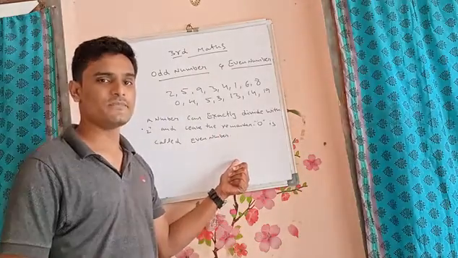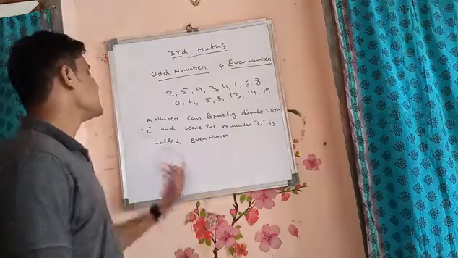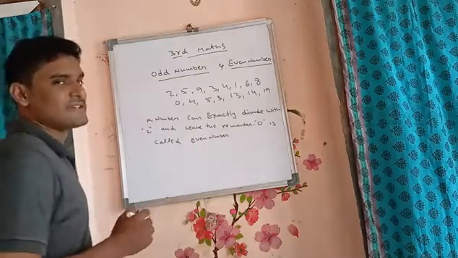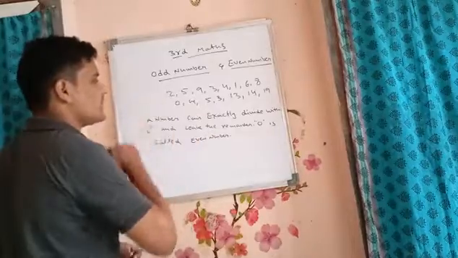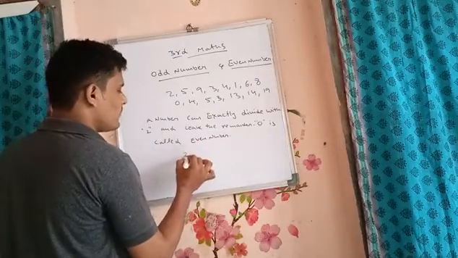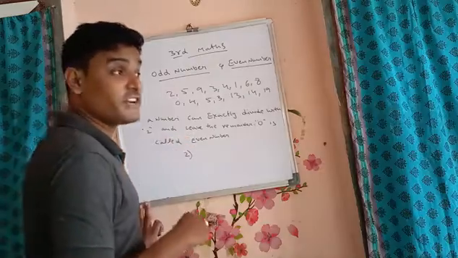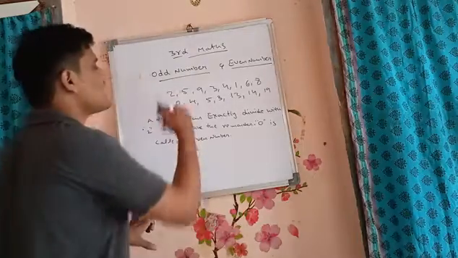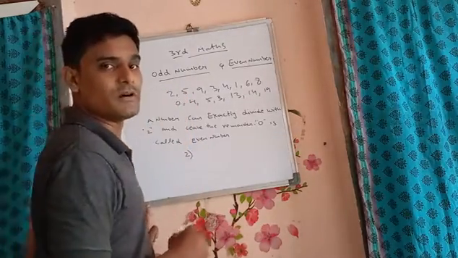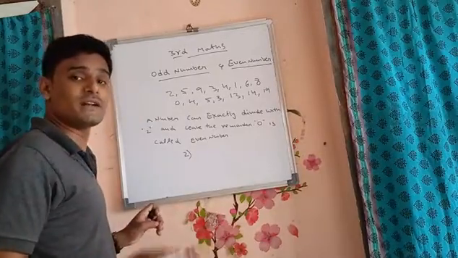Understand, children? Okay, nice. For example, we can check these numbers by dividing with 2. If it leaves the remainder 0, we can confirm it is an even number. Otherwise, it will be an odd number.